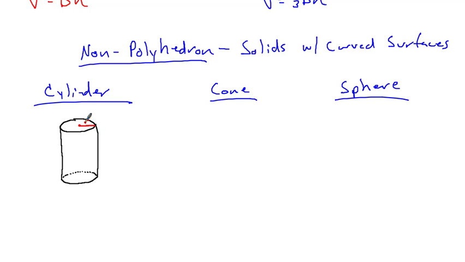So it's important to note that a cylinder has a radius, and it has a height, and it has 2 bases. So this is a base, this is a base. And you can shade those in if you want to give it a little more of a 3D kind of effect, but those are your bases.